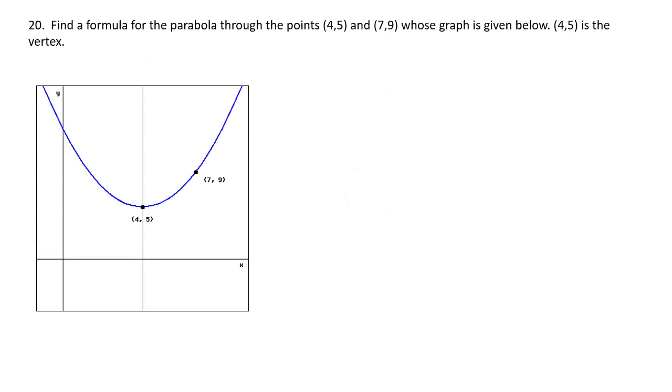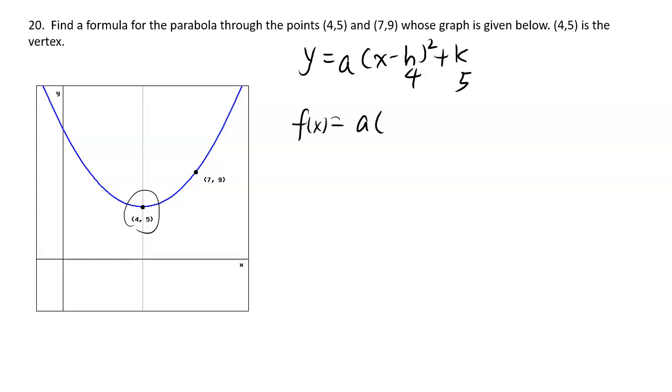Find the formula for the parabola through these points. 4, 5 is the vertex. Whenever you're given the vertex, you should always use the vertex form. And h is 4, k is 5, so you have f of x equals a times (x minus 4) squared plus 5. Now it also has to pass through 7, 9, which means the value of the function should be 9 when you plug in 7 for x.